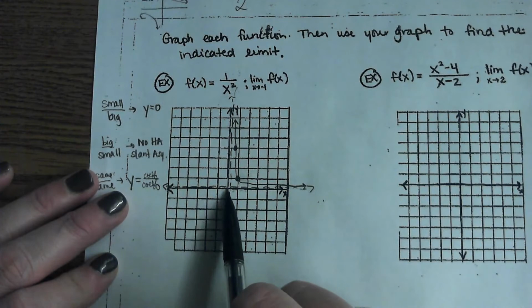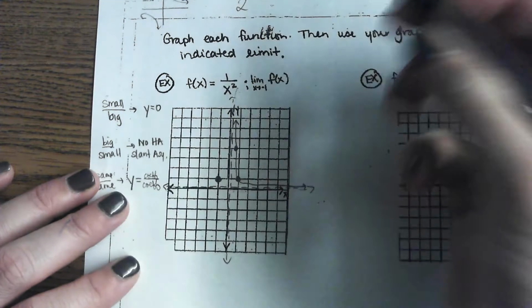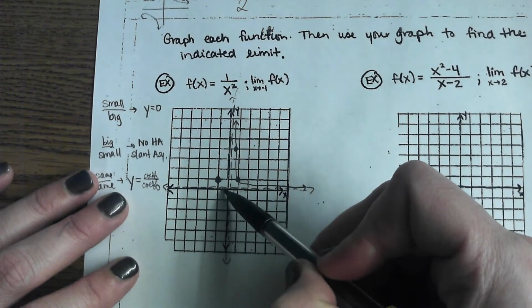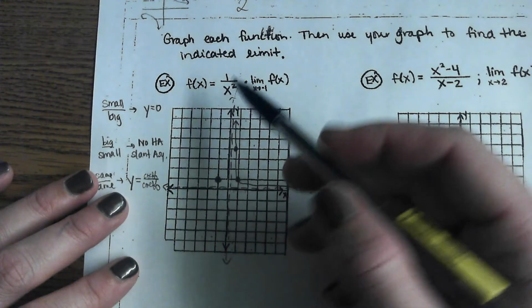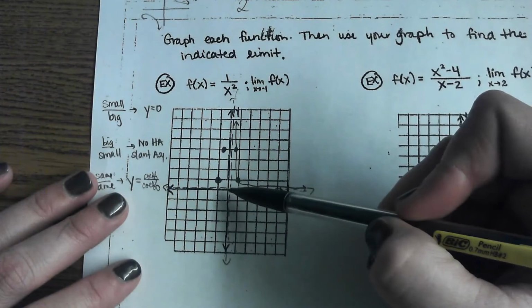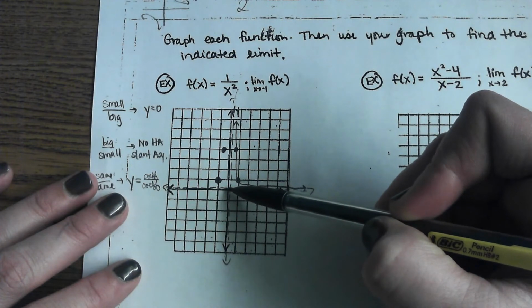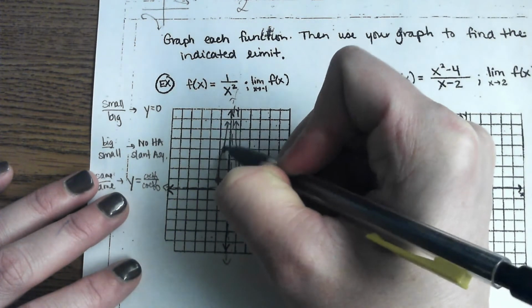If we plugged in -1, we would still get 1. If we plugged in -1/2, we'd still get 1 divided by 1/4, which is 4. And if we plugged in -1/10, we would still get 100, so it's still shooting up towards positive infinity.